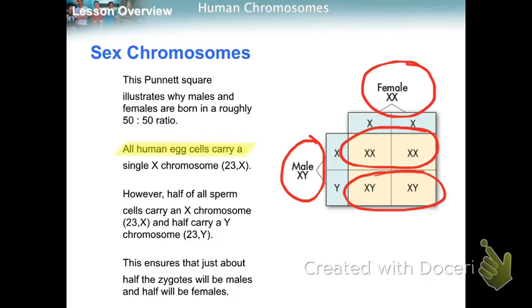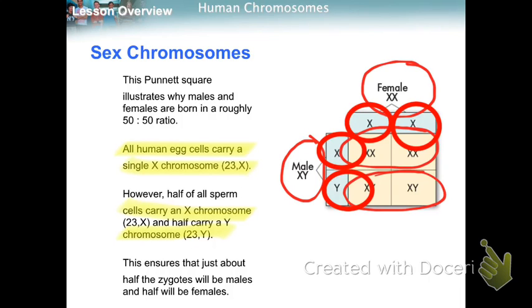Interestingly enough, all human egg cells carry a single X chromosome. That's the only possibility that a female can give. Males can either carry an X chromosome or a Y chromosome in their sperm cells. So it's true that males will determine the gender of a baby.